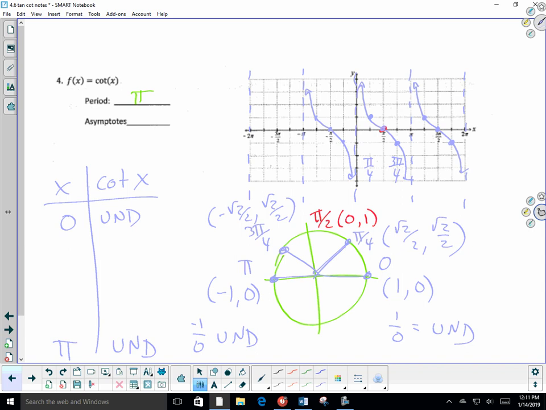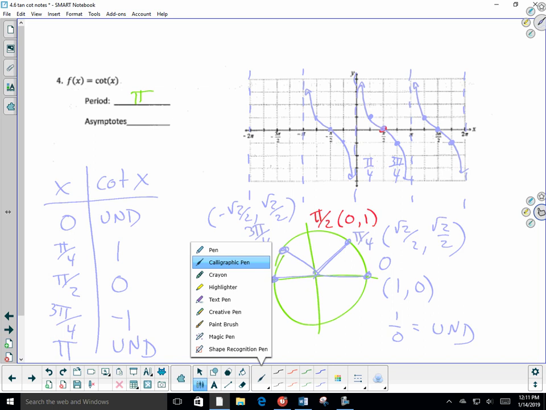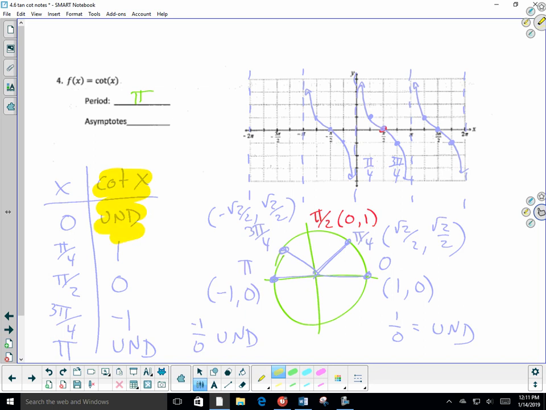But then at pi over 4, pi over 2, 3 pi over 4, I'm going to have positive 1, 0, negative 1. So these are going to be the key values for cotangent: undefined, 1, 0, negative 1, undefined. So the only difference between this and the tangent is that these two are switched on tangent and cotangent.